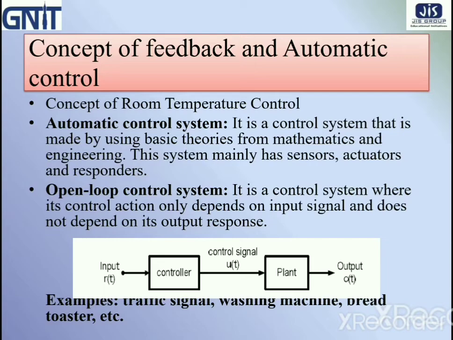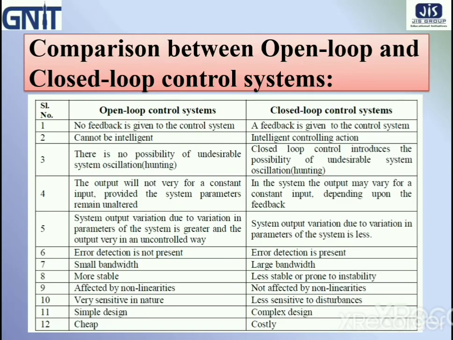Traffic light control, the three lights we see at a traffic signal, is also an automatic control system.